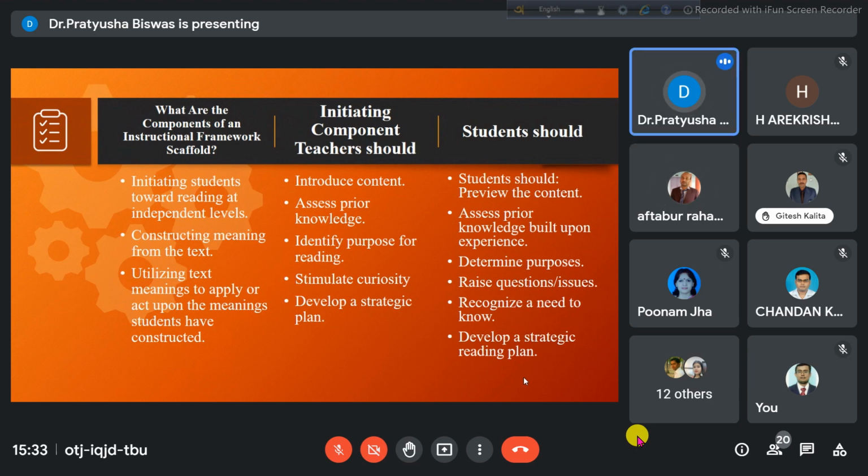So, like I told you, if we have a teacher's plan to make an instructional component work, the students should also be clarified in certain aspects. The students must very clearly review the content.